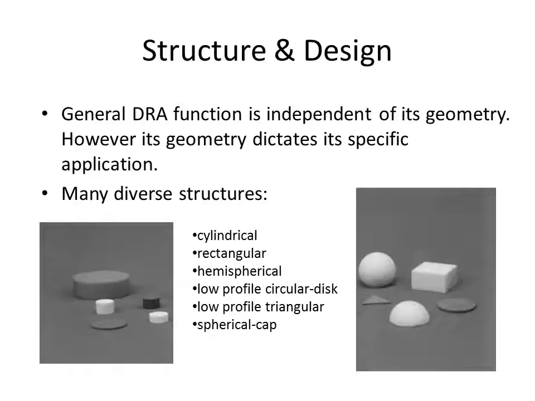DRA designs include a dielectric material with a low permittivity to enhance radiation. The DRA also has a low loss, which only comes from the imperfect dielectric material used and no conductor loss. The DRA has many different structures, including cylindrical, rectangular, hemispherical, low-profile circular disc, low-profile triangular, and spherical cap, to name a few.